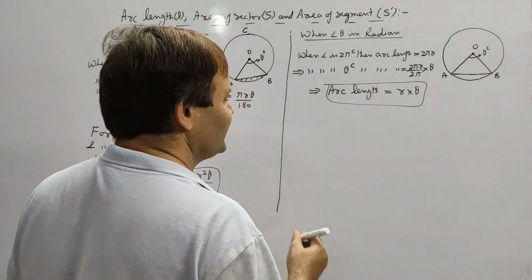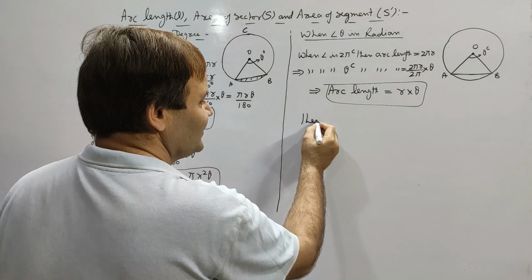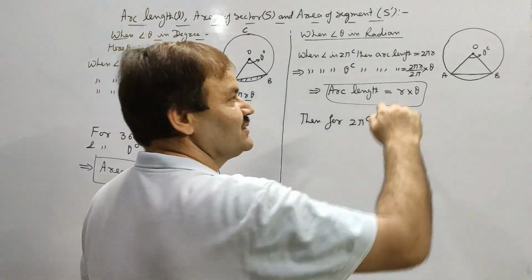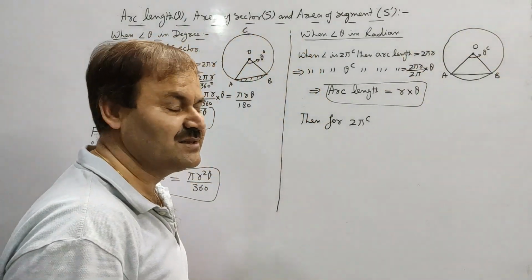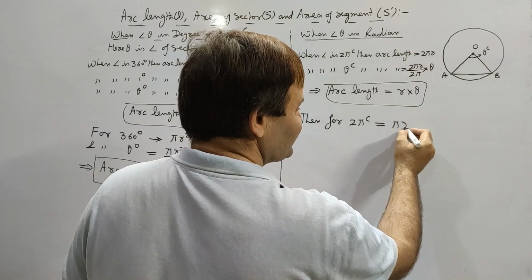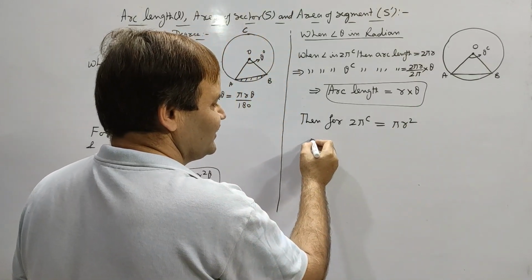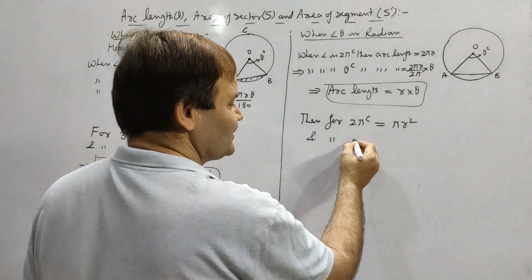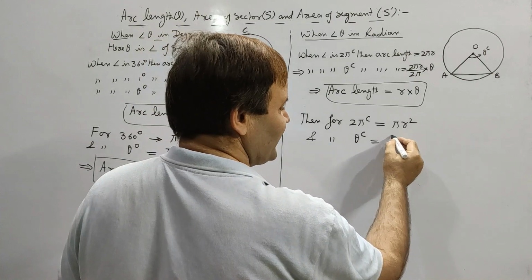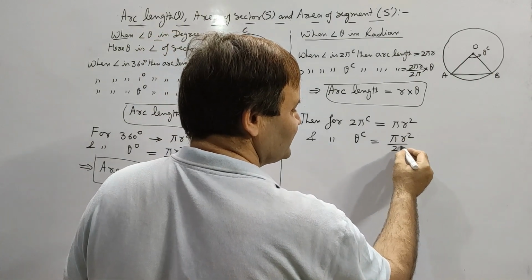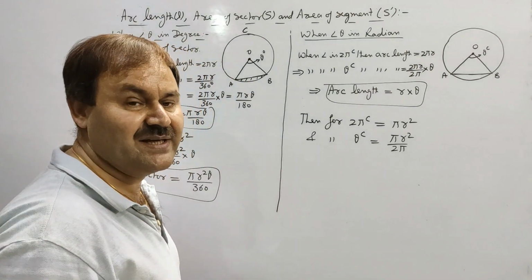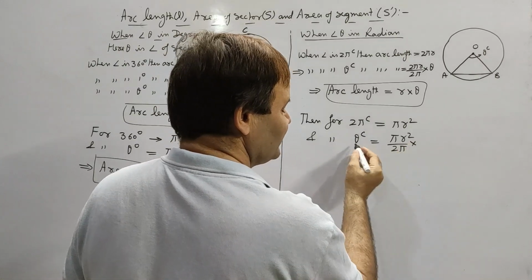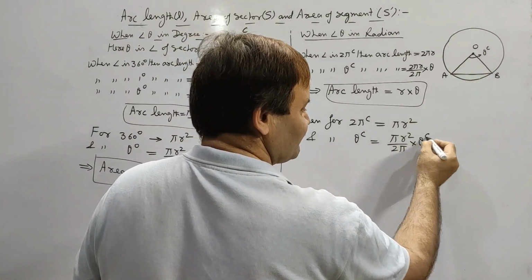Now when we come to the area of sector, for 2 pi radian, which means a complete circle, the area will be pi r square, and for 1 radian, pi r square upon 2 pi, and for theta radian, it will be pi r square upon 2 pi, that is the area of sector having angle 1 radian, multiplied by the angle theta radian.